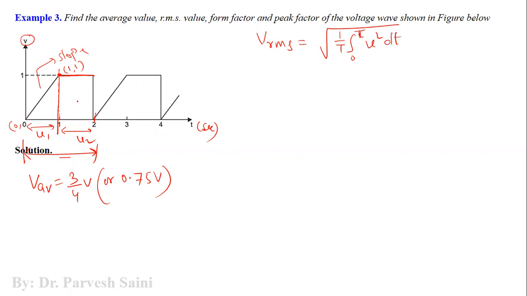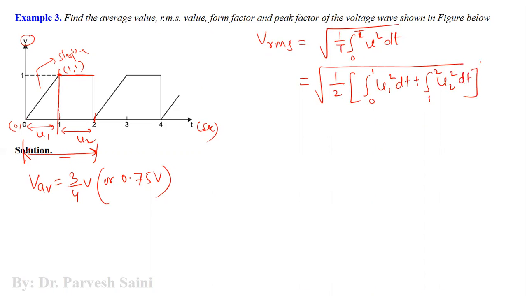Because this signal is divided into two parts, two waves, we'll do the same thing. Time period is 2 here, bracket start, integration from 0 to 1, V1 square dt plus integration from 1 to 2, V2 square dt, and bracket close.